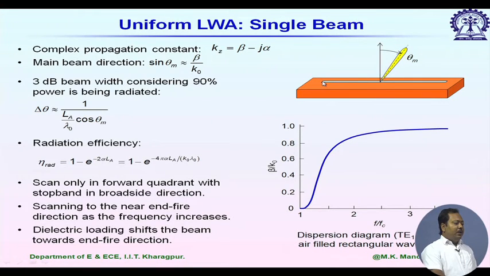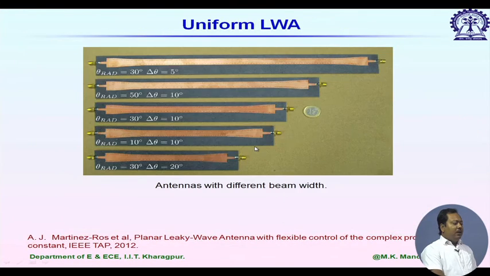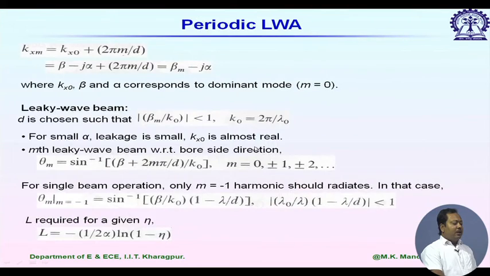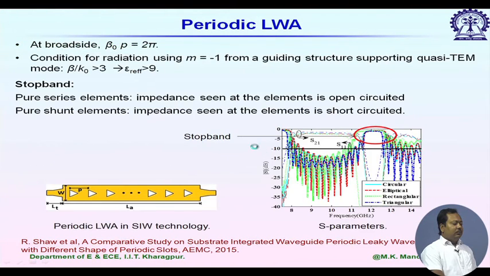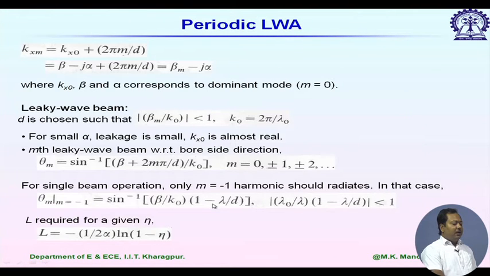if I keep on increasing the frequency from the cutoff frequency, then radiation will start in the opposite direction, at the feeding end. If I increase the frequency further, theta m will decrease, and finally at a value when theta m equal to 0, the radiation will be in the broadside direction here.